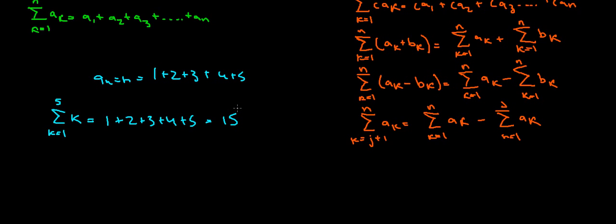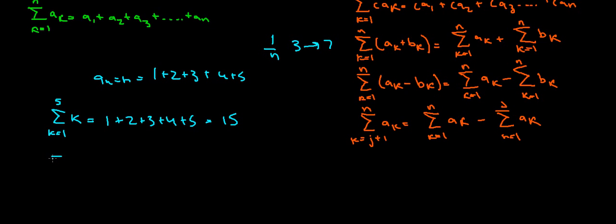Now I don't necessarily have to always start at 1. I can start at 3 if I wanted to. Let's say I had a different series to use 1 over n, and I want to know what its total is between 3 and 7.